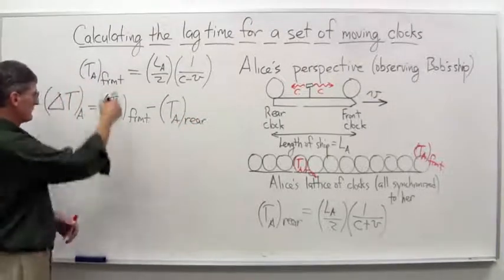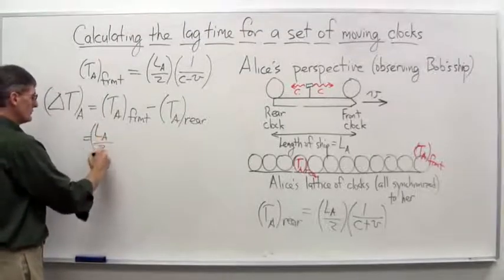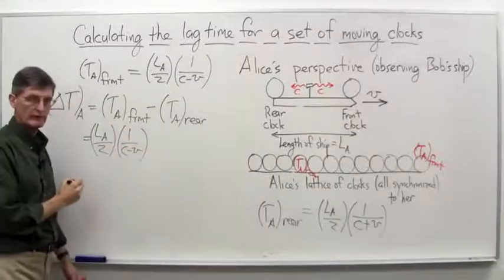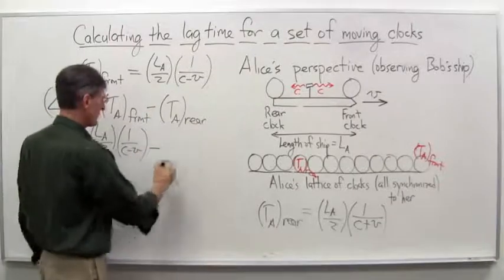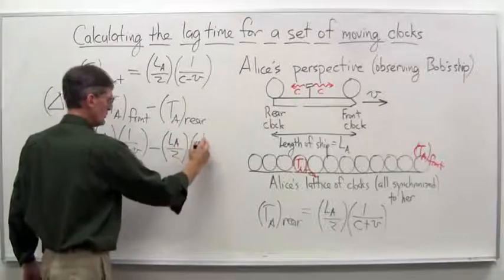And so what is that? Well, we've got our two equations. We've got LA over 2 times 1 over C minus V, that's from right there, minus our equation down there, LA over 2, 1 over C plus V.